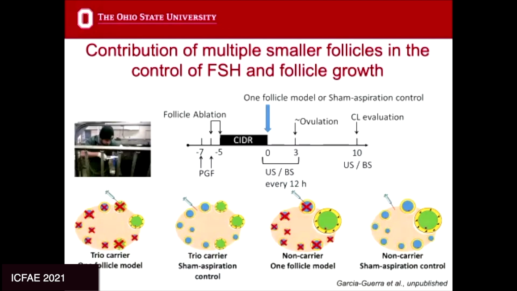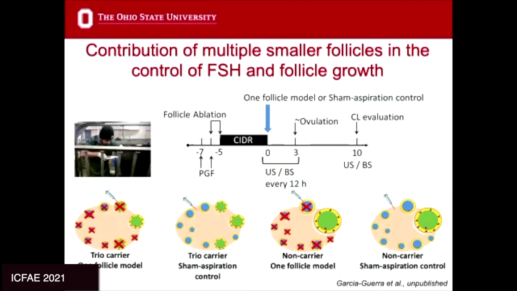So what we ended up doing is using what we call a one follicle model. We synchronize the follicular wave, and 5 days later, when we know that dominance has already been acquired, we randomize animals of both treatment groups to either the one follicle model or our sham control. And basically the one follicle model, as you see in the picture below, means that physically, by ultrasound guided aspiration, we remove every single follicle that is 3 millimeters or more, except one of the presumptive dominant follicles.